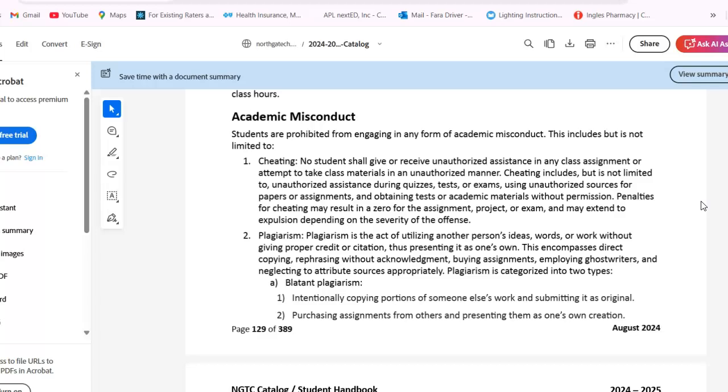It is not limited to unauthorized assistance during quizzes, tests, or exams, but it's also using unauthorized sources for papers or assignments, obtaining test or academic materials without permission. And for a lot of this, what it also means is buying your work from someone else or going to some of these wonderful paper mill places and getting things.